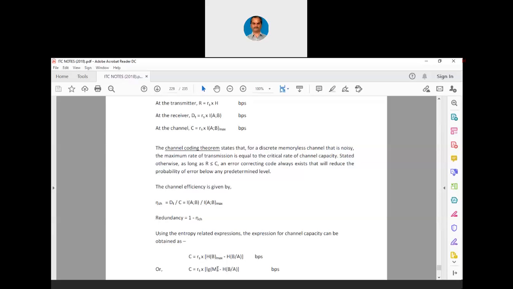So channel capacity is nothing but symbol rate into lg of m minus H(B/A), which is called equivocation. You will have to remember those two circles again now. The overlapping area is the mutual information, whereas the non-overlapping area at the left side and the right side is called equivocation, which is the information that is not actually received at the receiver.